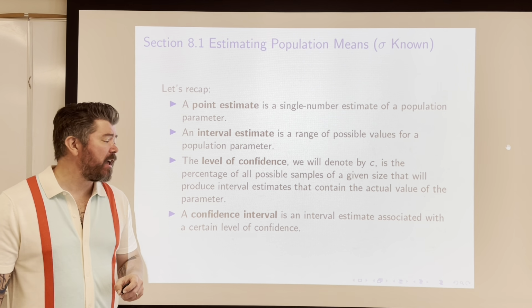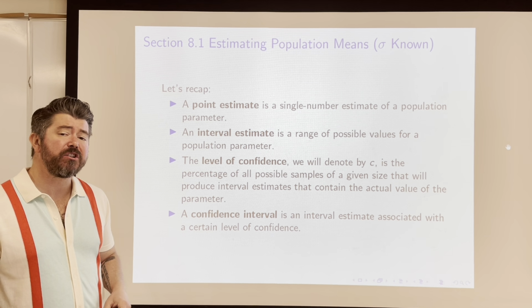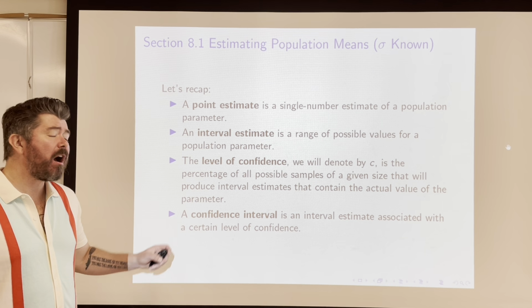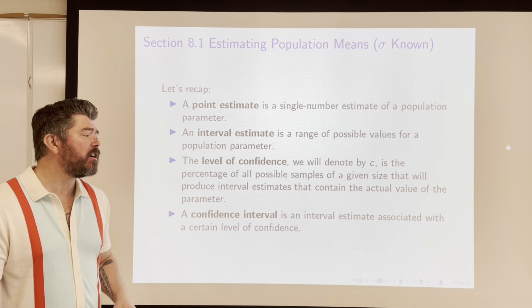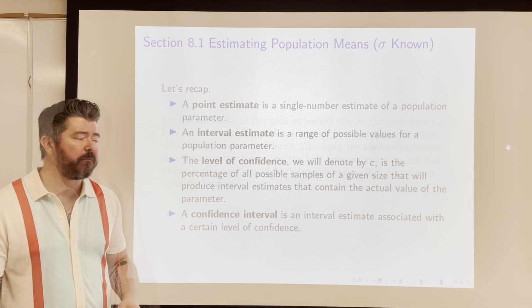And finally, a confidence interval, this is what we want to focus on in chapters 8 and 9. A confidence interval is an interval estimate associated with a certain level of confidence.